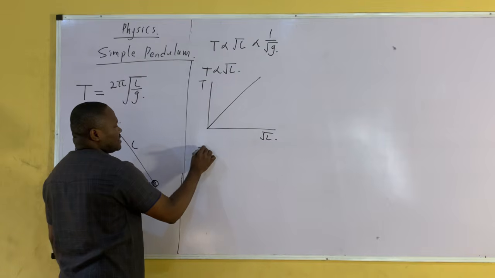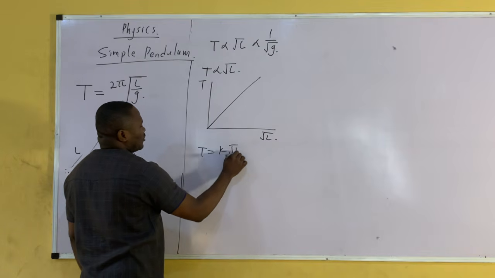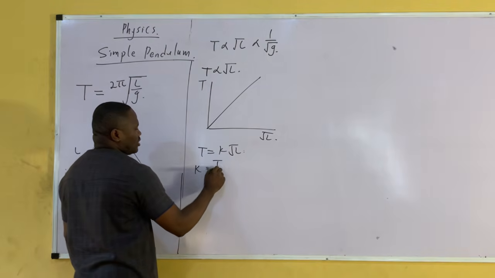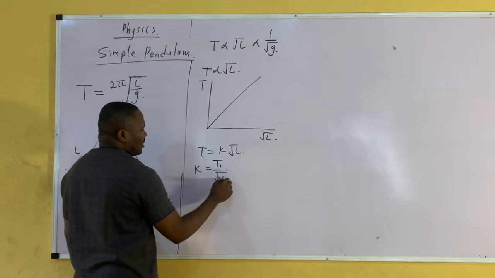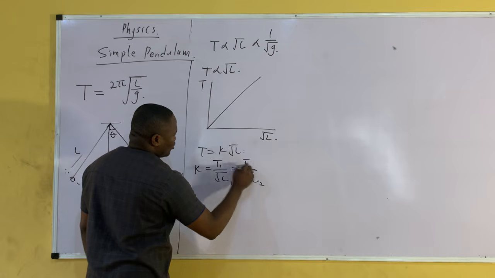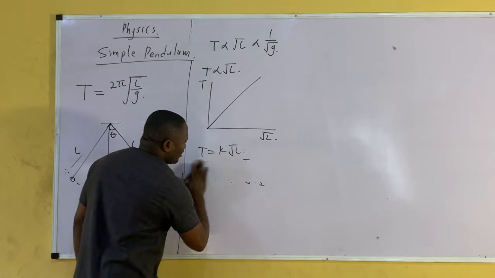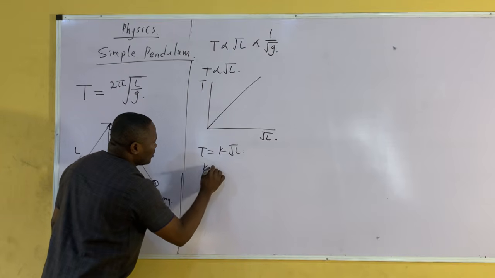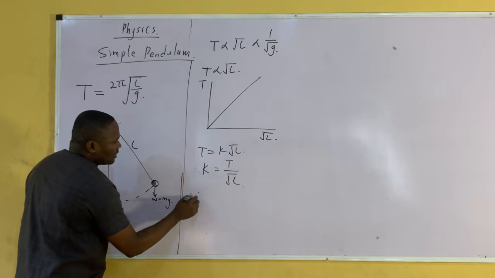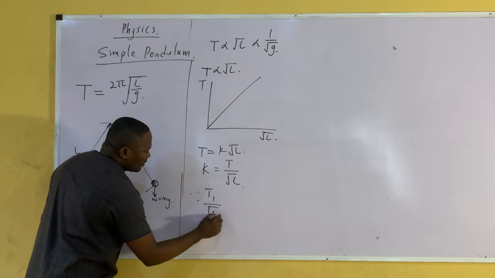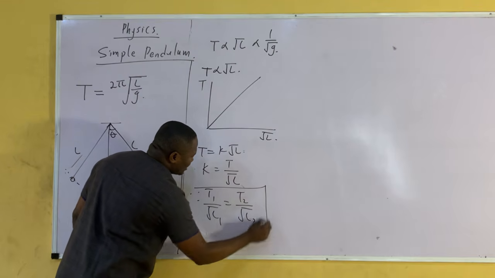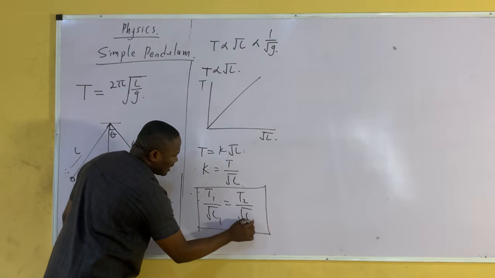Now, I can have T equal to k square root of L, where k will be equal to T over square root of L. So I have T1 over square root of L1 equal to T2 over square root of L2. This is in terms of period and length.